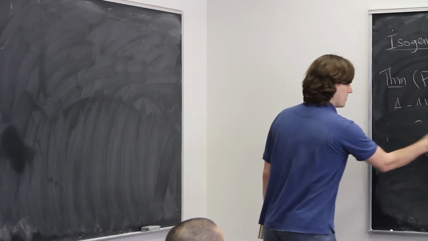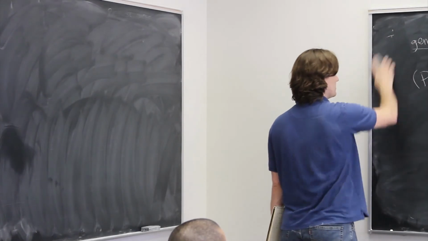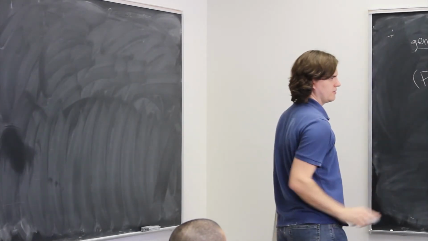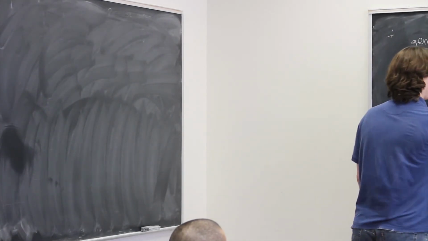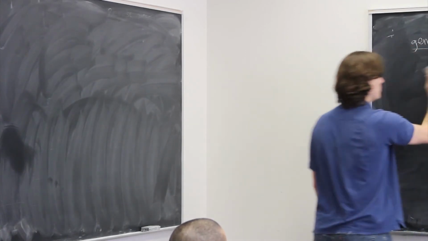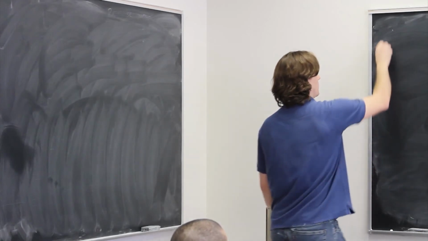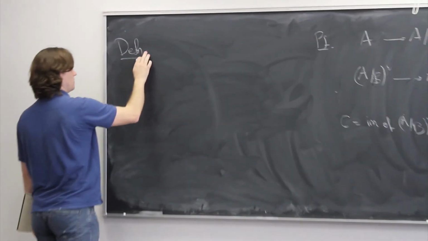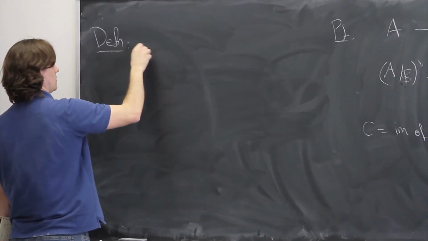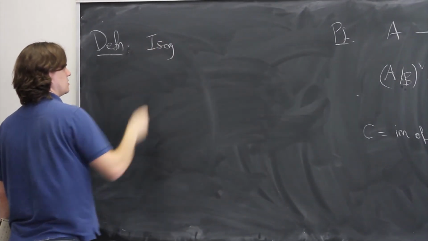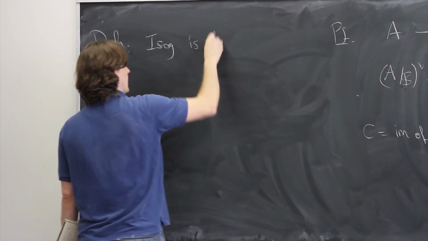So there's a formalization which makes these results a little bit prettier, and I think it's useful in terms of how you think about things. So I'll make this a definition. I'm going to define a category. I'll call it Isog, the following category.